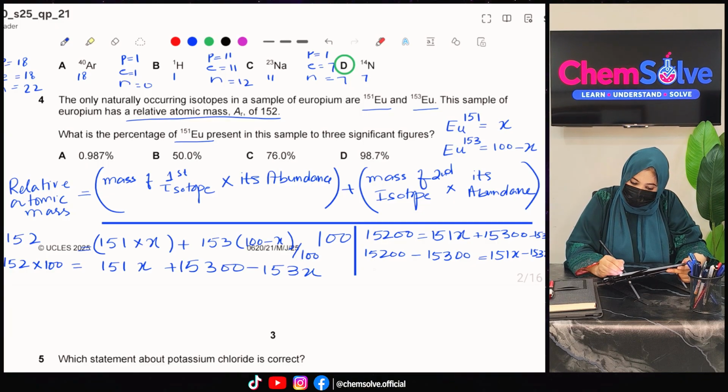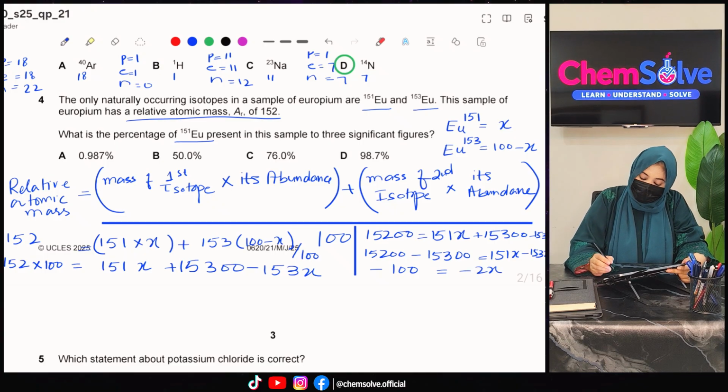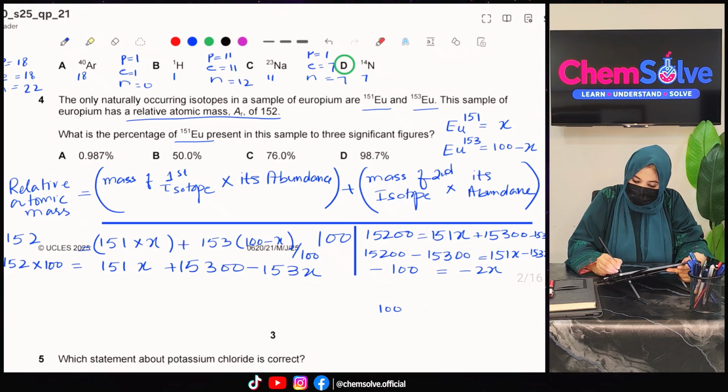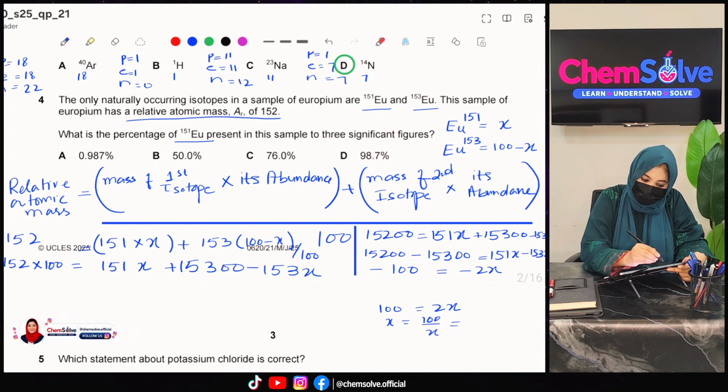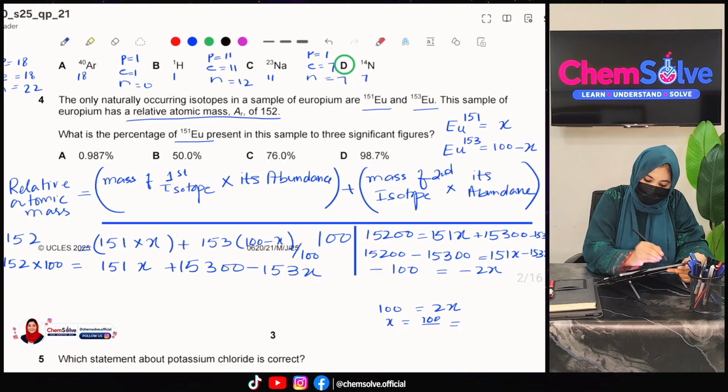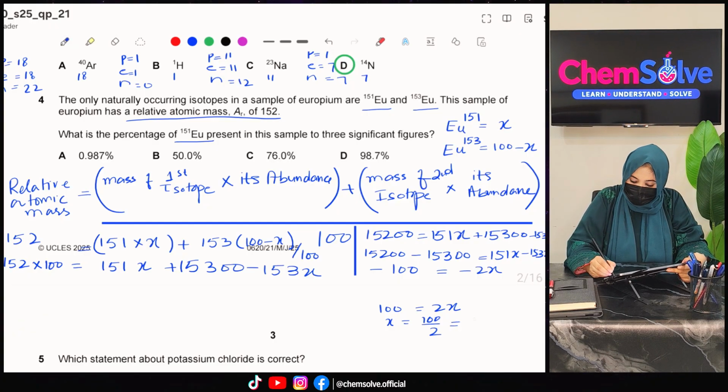Okay, so if I subtract it, it would be 100, and on the other side it would be 2x. Minus will cancel with minus, so I would have 100 is equal to 2x, so x is equal to 100 over 2, so it would be 50.